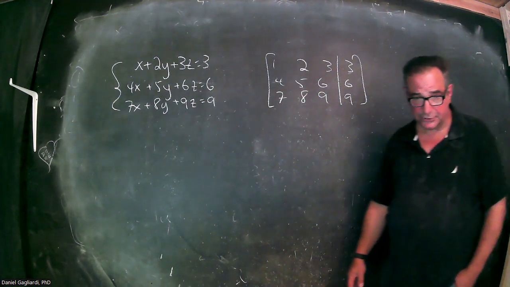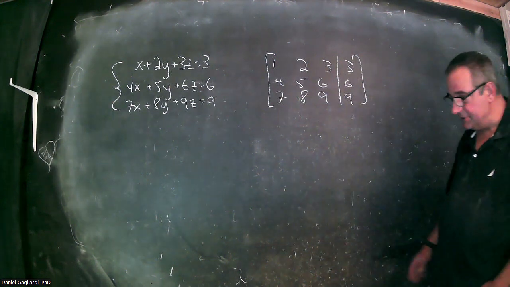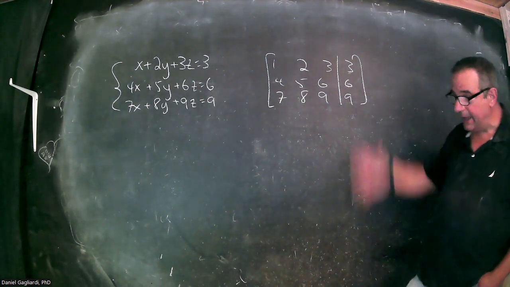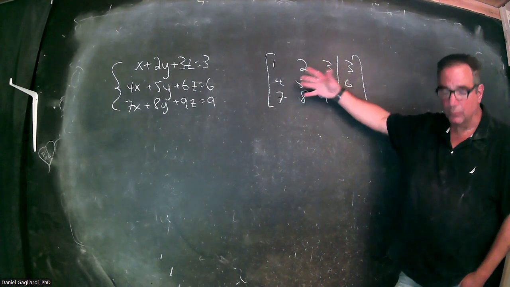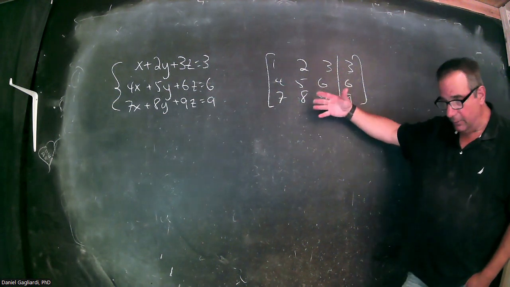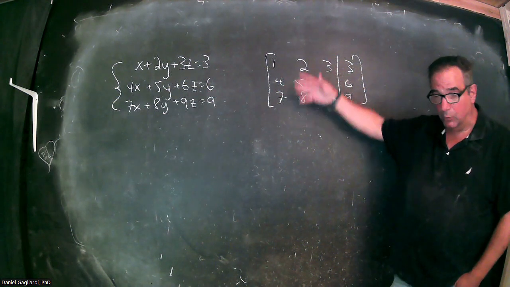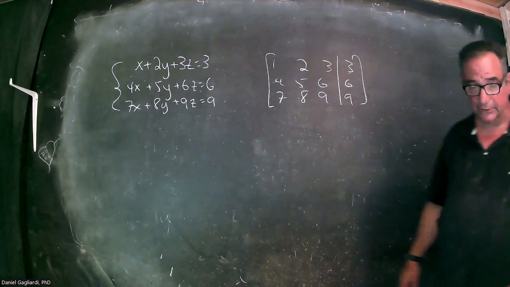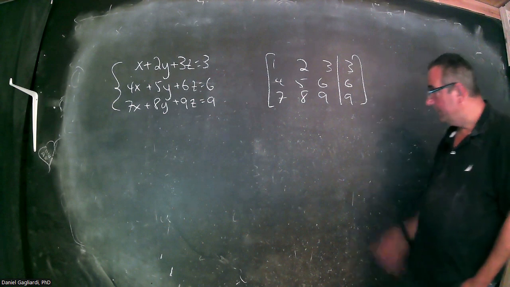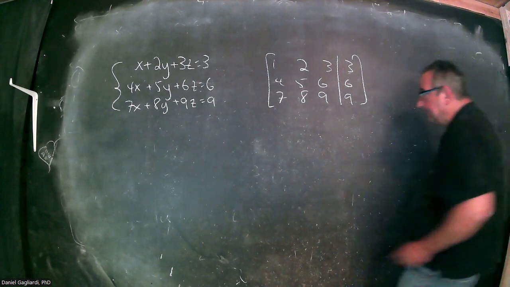Doesn't affect the solution. And the operation that I like the best is to add a multiple of one row to another. Or, we could subtract a multiple of one row from another. That also produces an equivalent linear system. So without further ado, let's get started.